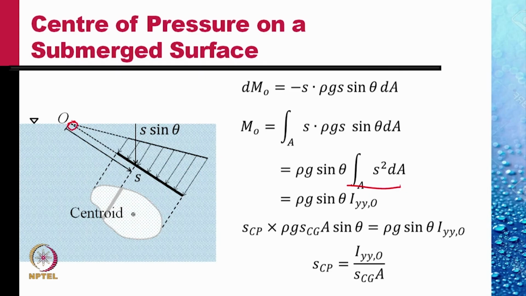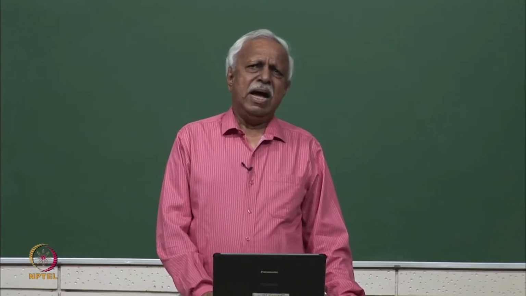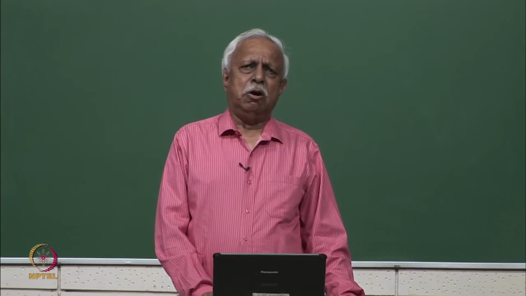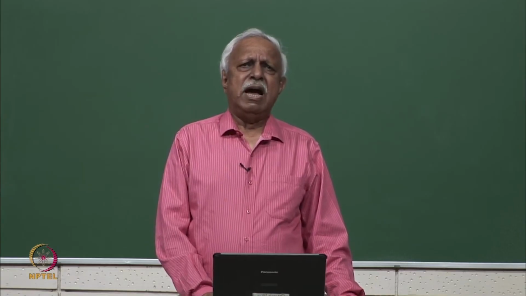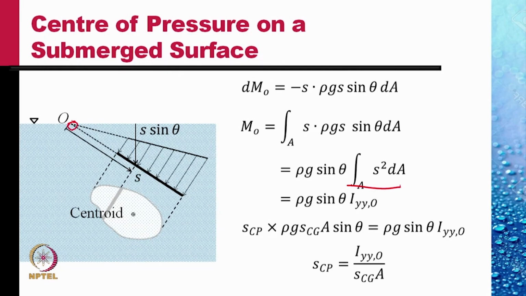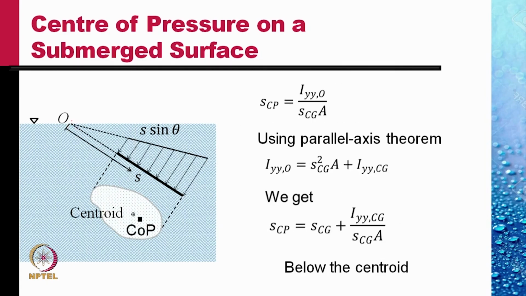But this is in terms of IYY about O, which is not easy to find. It will vary with a whole lot of things like the angle theta. So let us find IYYO in terms of IYY about the centroid of the plate. For this we use the parallel axis theorem.